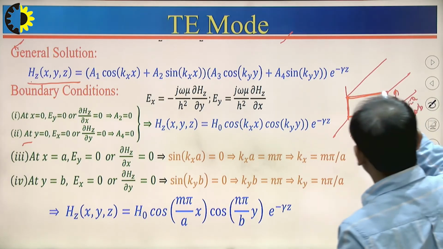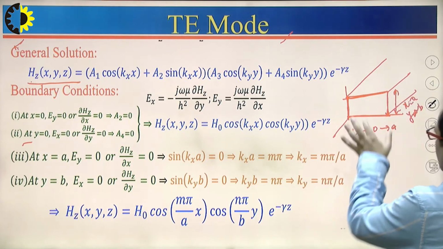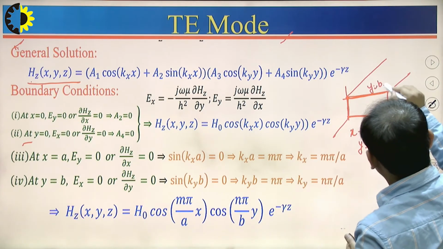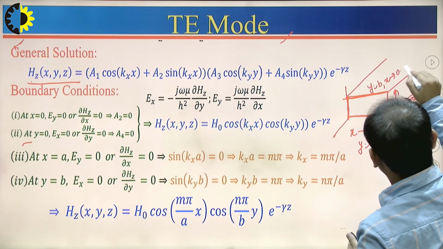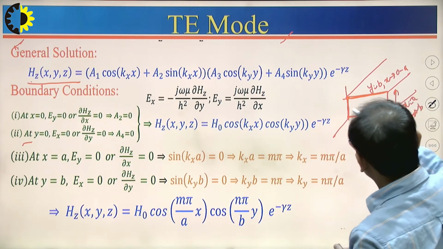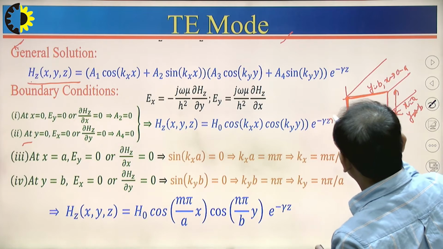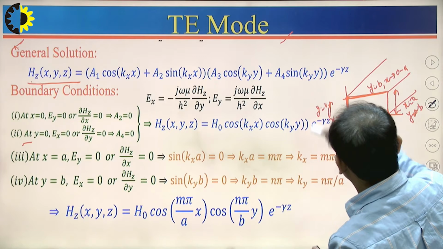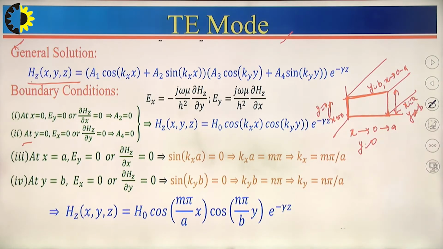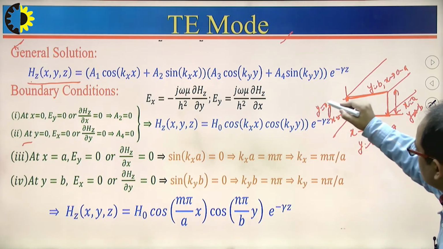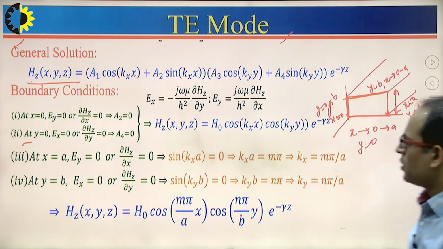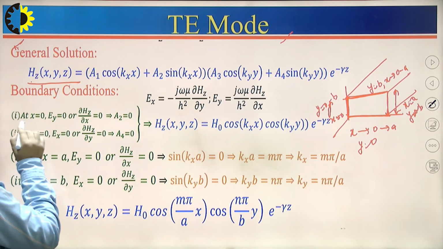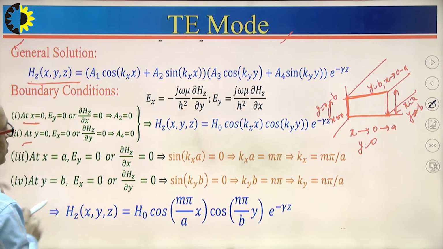For the third wall, y equal to b and x varies from 0 to a. And similarly for this one, x equal to 0 and y varies from 0 to b. Clear?